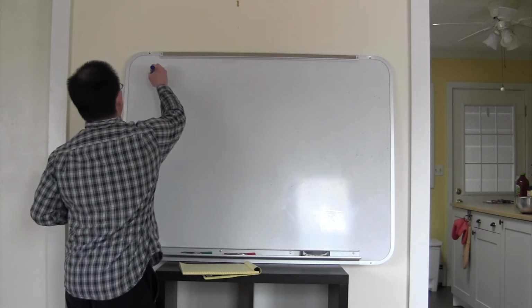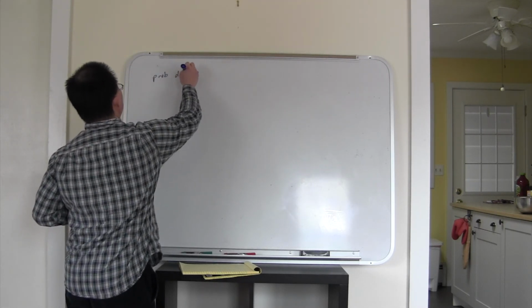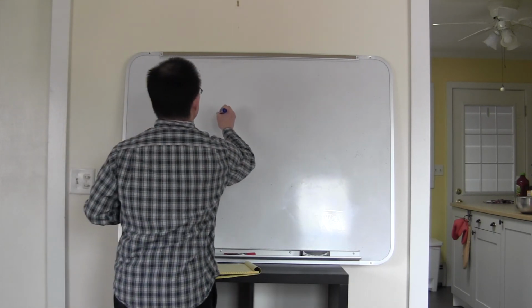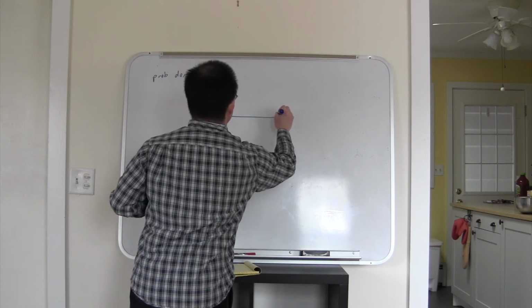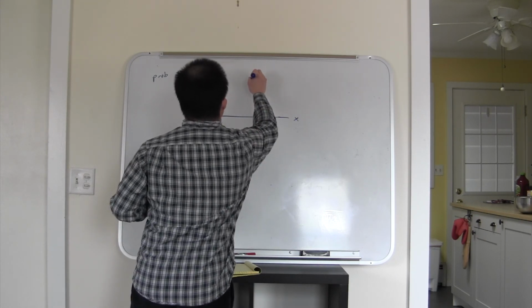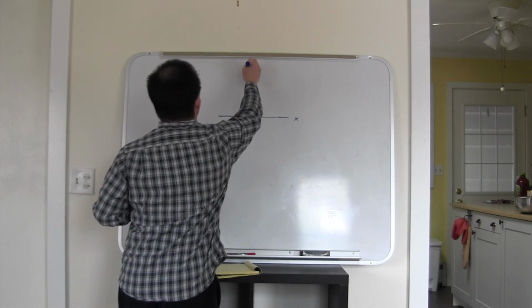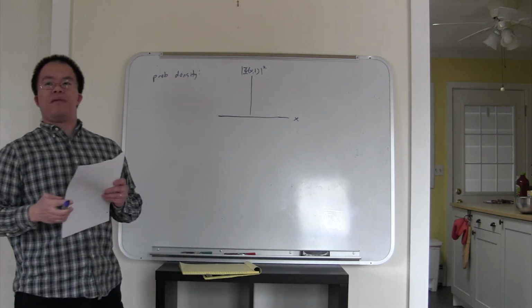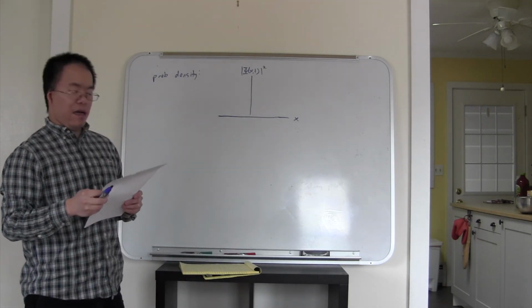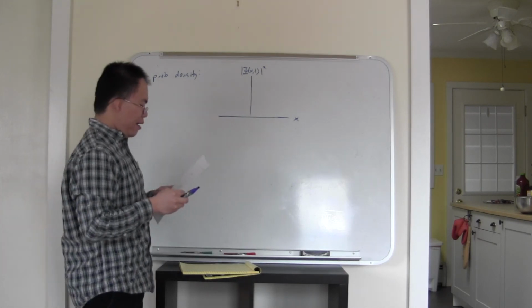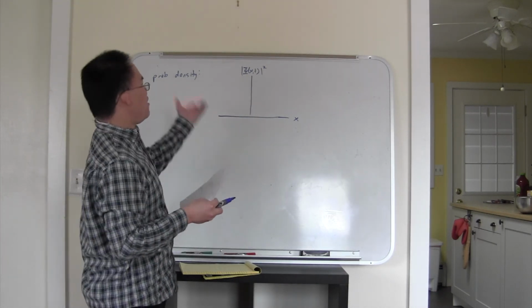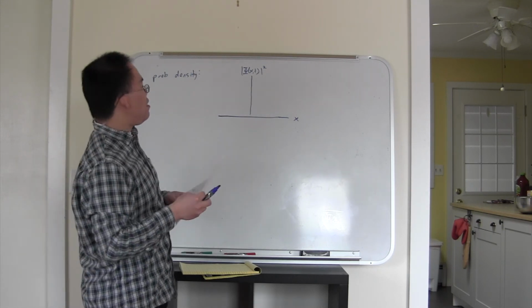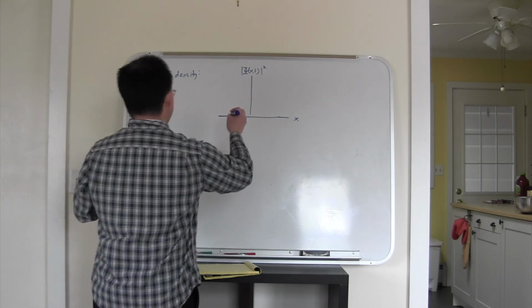Namely, plot our probability density, psi modulus squared versus x, and this is at some fixed instant of time, so I could probably drop the t here. It would look something like this, right?